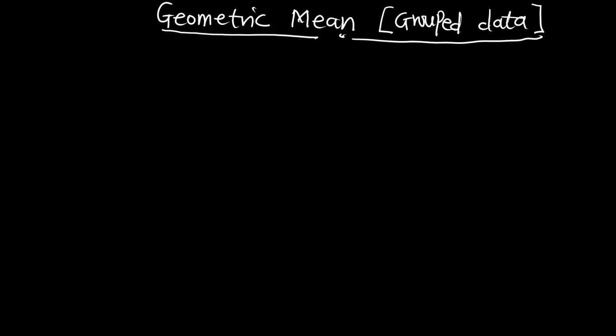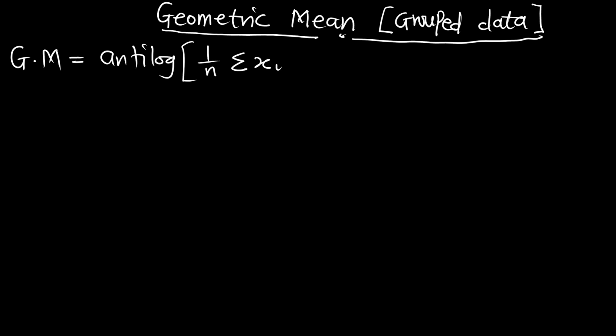In this episode, we are going to talk about the geometric mean, which involves grouped data. In the random discrete variables, we obtained a logarithm formula for the geometric mean. We saw that the geometric mean is equal to the antilog of 1 over n, the summation of all the log x from i equals 1 to n.